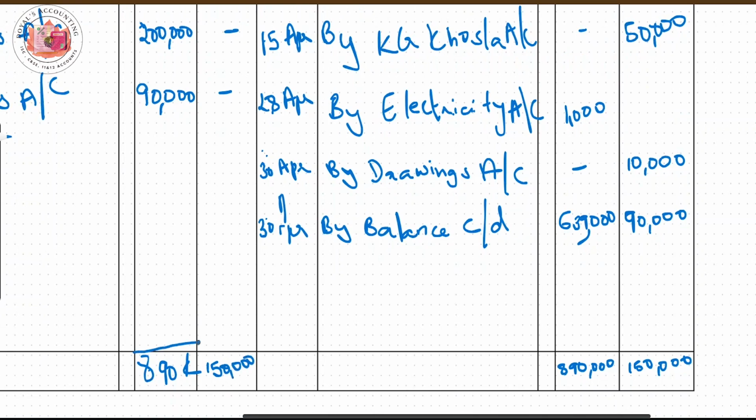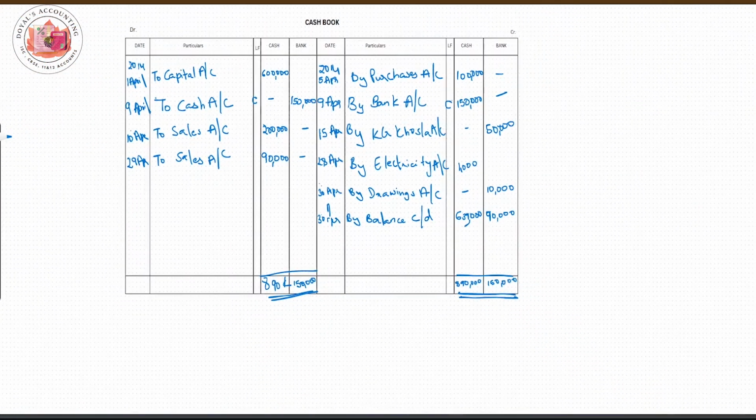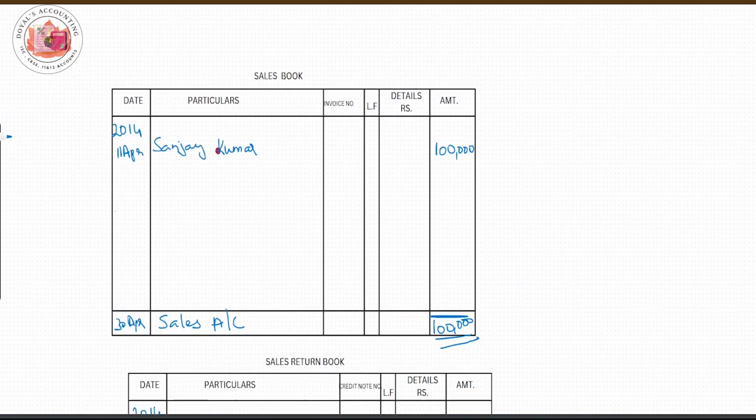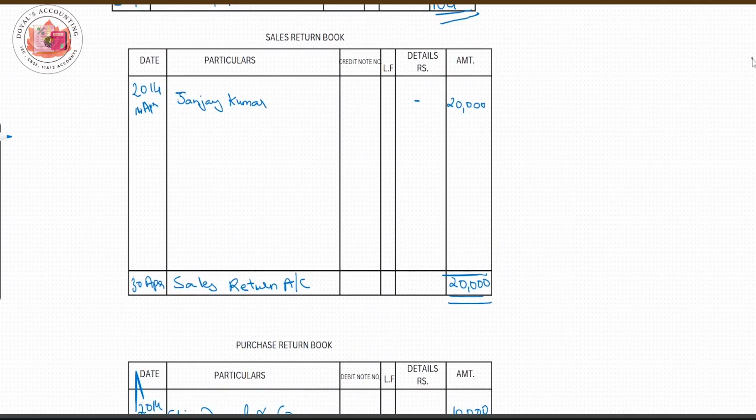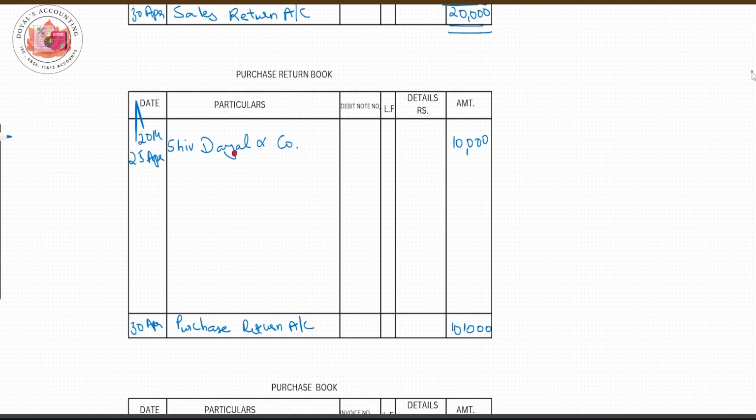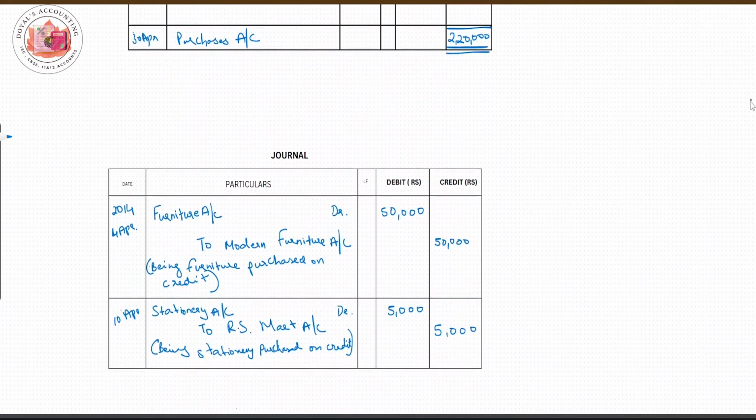So these are my totals. I will write my double lines. Remember, all totals are shown by this double line. Okay, now I have balanced my cash book. Let me go to my next. So sales book, I don't need to balance because it's not an account. Sales return, purchases book, journal.